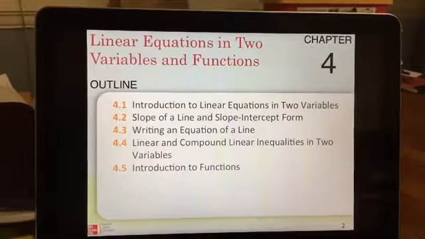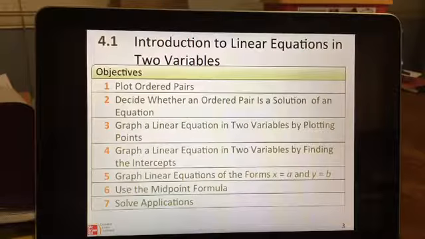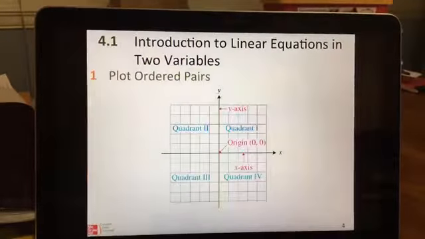All right, so you can see that this is chapter 4, and we're talking about linear equations in two variables and functions. The one we're working on today is the introduction to linear equations in two variables, which is 4.1. And these are the items that we're going to be talking about in this section today. All right, so the first thing we need to talk about is our Cartesian coordinate plane, or sometimes called rectangular coordinate grid.